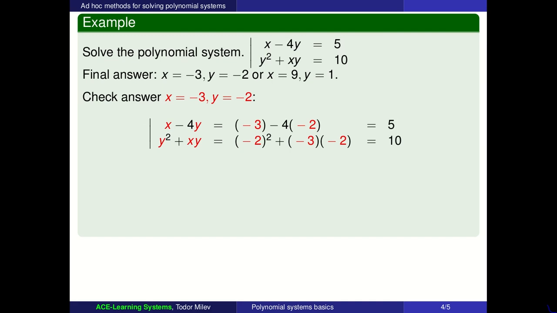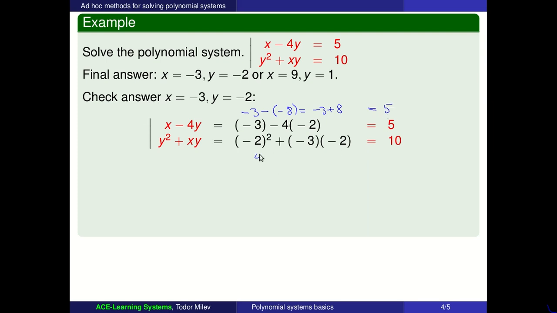So I get, on the first line, negative 3 minus 4 times negative 2. And on the second line, I get negative 2 squared plus negative 3 times negative 2. So on the first line, let's see what I get. Negative 3 minus 4 times negative 2 is negative 3 plus 8, which is indeed equal to 5.